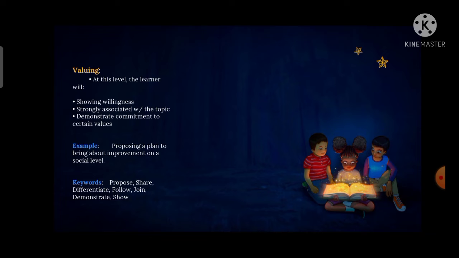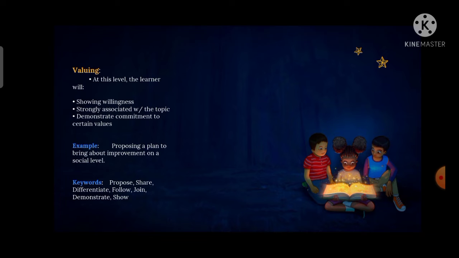At this level the learner will show willingness to perceive or strongly associate with the topic, and also demonstrate commitment to certain values. So not just is the person receiving the information, but it's affecting the person emotionally.